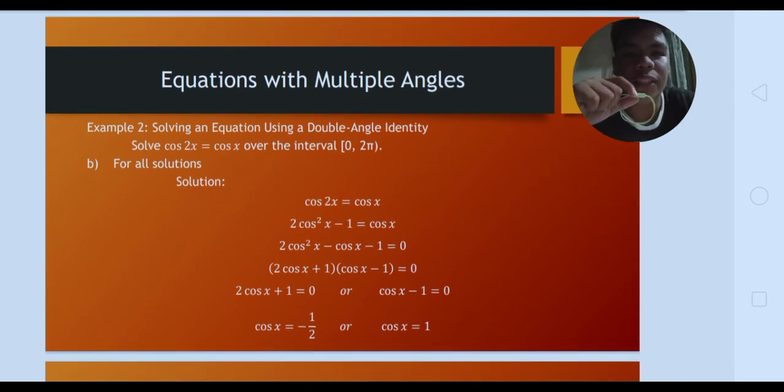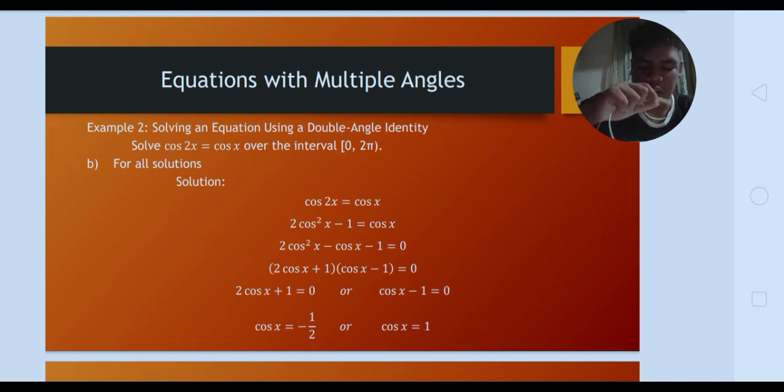Another example is solving an equation using a double angle identity. Solve cos 2x equals cos x over the interval 0 to 2 pi for all solutions. Solution: cos 2x equals cos x, the original equation. And 2 cos squared x minus 1 equals cos x, that is the cosine double angle identity.